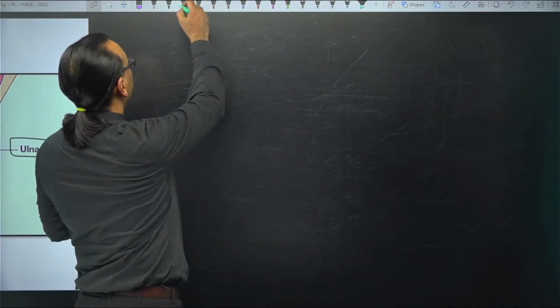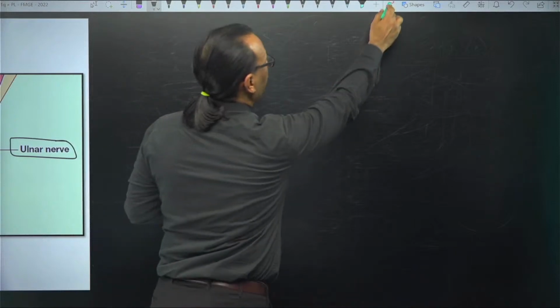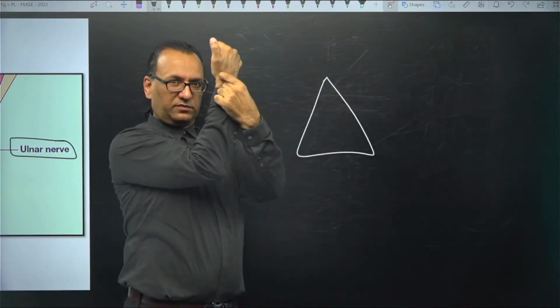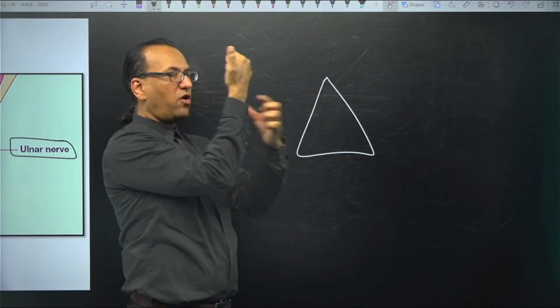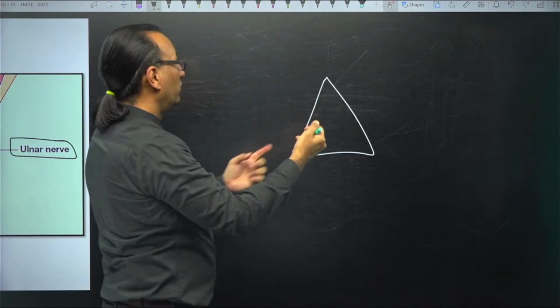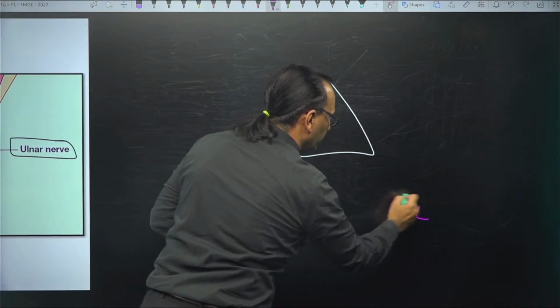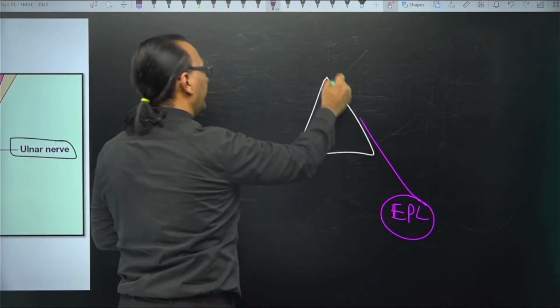Say this is the anatomical snap box. You want to know the boundaries. They are muscles of the posterior forearm, like the extensor pollicis longus tendon coming here.